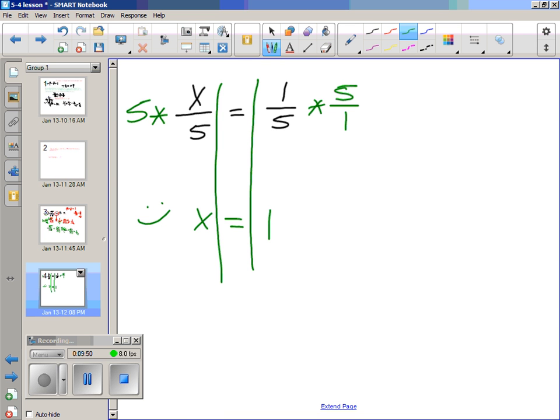Guess what 1/5's reciprocal is? 5. 1 times 5 is 5. 5 times 1 is 5. 5 over 5 is the same thing as 1. There we got it. Now, I kept this one easy for you.